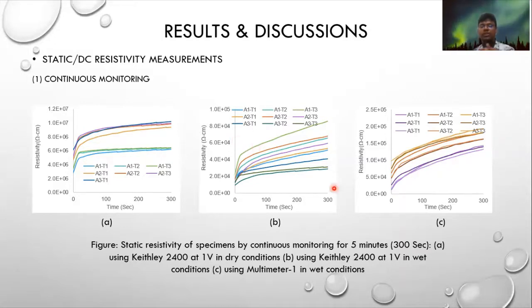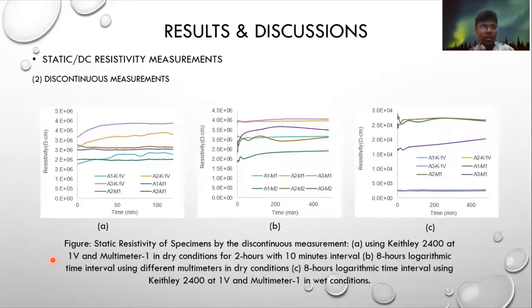We also used a multimeter for the specimen in wet conditions, and we also saw that the resistivity is increasing over time. So in the case of continuous monitoring, our resistivity is increasing over time. In the discontinuous measurement, we measured the resistivity with the Keithley and multimeter 1 at dry conditions for 2 hours, and with multimeter 1 and multimeter 2 for 8 hours.